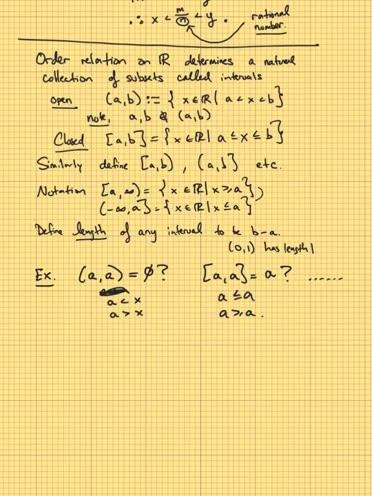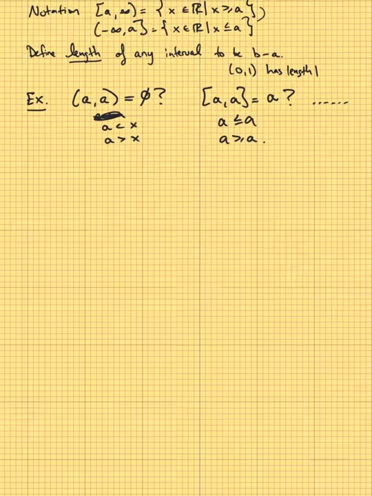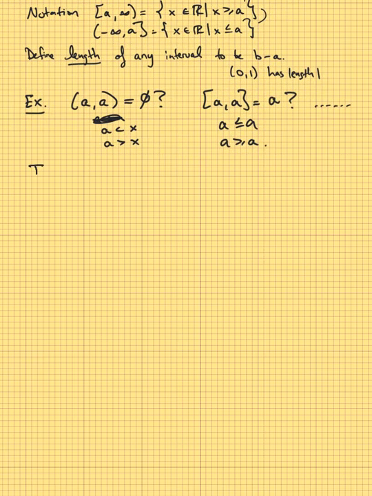So I think it's a pretty natural place to stop here, but I'll give you an idea of what we're going to do with these. It's philosophically similar to what we've been doing with the Archimedean property.